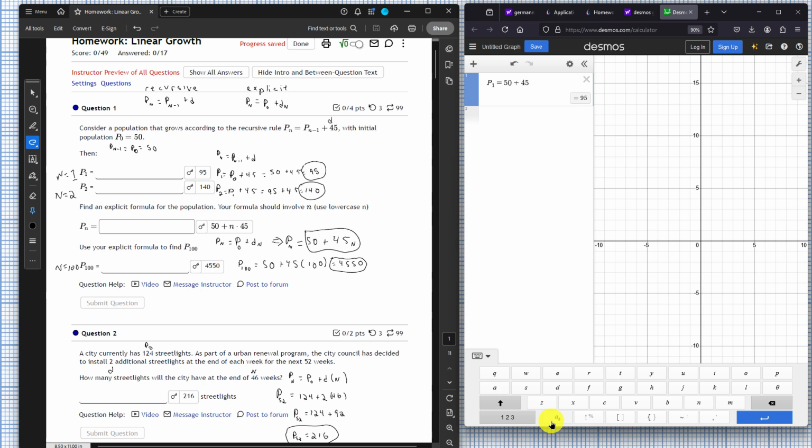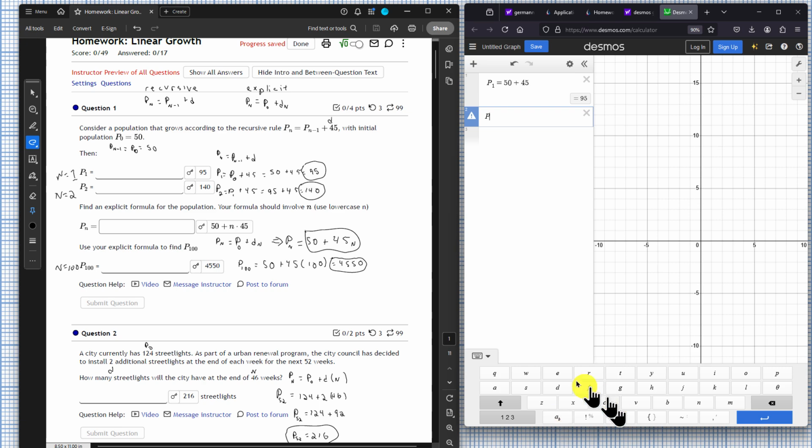Then they wanted me to find P2, so I can say P, then I can type for my subscript 2 with right arrow key equals. Notice that when I did that, it was down. When I did the right arrow key, it came back up. Let me show you again.